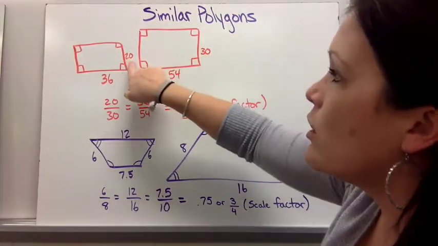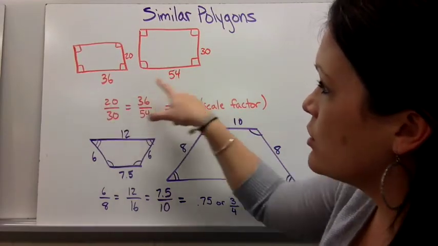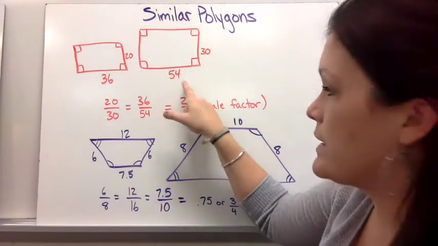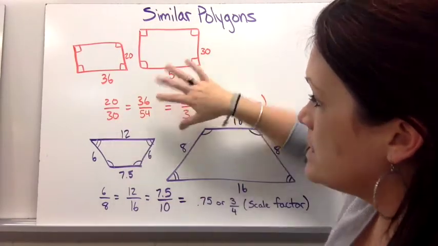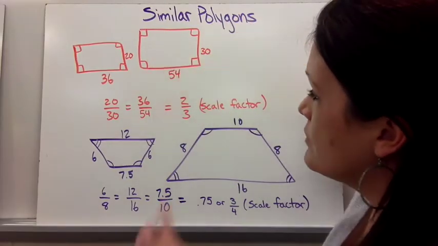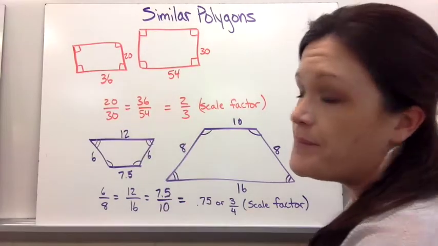Or you can go by the smaller side compared to the smaller side. Is that the same proportion as the larger side compared to this larger side, or the length it looks like of our rectangle? So 20 over 30 does have the same proportion as 36 over 54. And so it was a scale factor of 2 to 3 when you just simplify it.